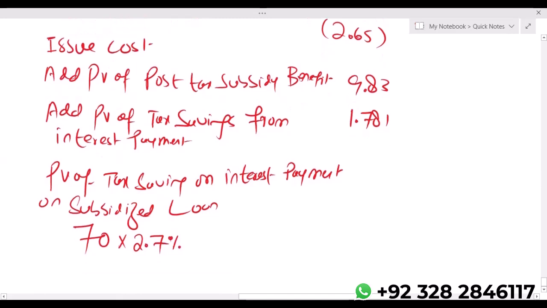Obviously, when I'm paying 2.7%, it's an interest payment. It also results in tax saving. Tax rate is 20% into annuity factor 3.312. Subsidized loan rate is 2.7%. So 70 million into 2.7 into 0.2 into 3.312. I'm getting 1.25.